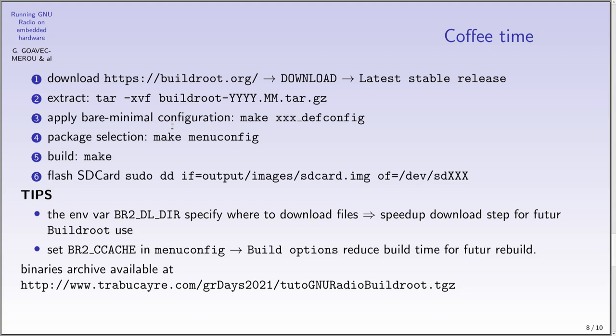The second thing is to use BR2_CCACHE in menuconfig. This allows reusing some already built parts of files. The C file is compiled into an object file, and ccache allows storing some parts of this process and reusing them to gain a bit of time again.